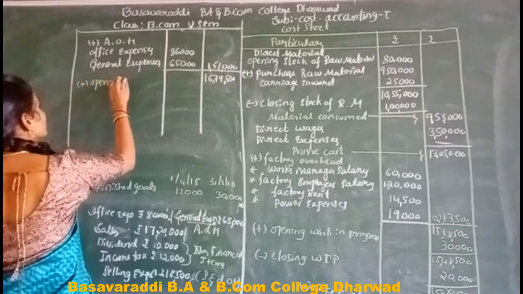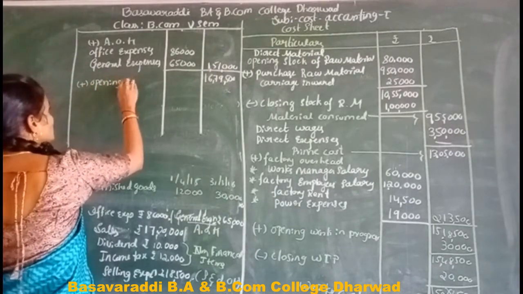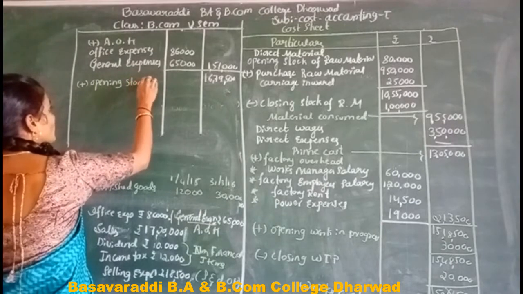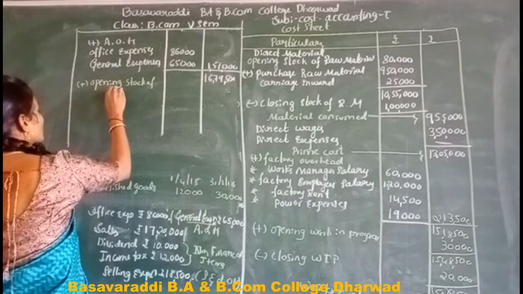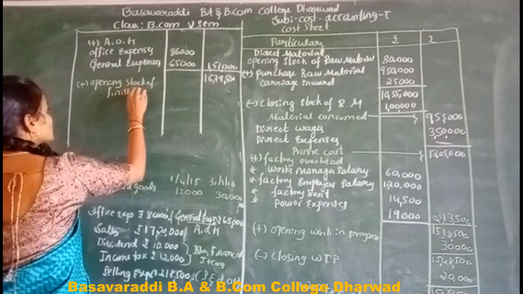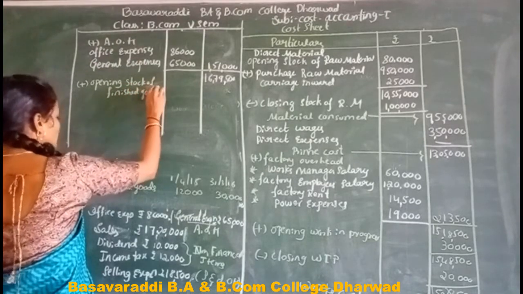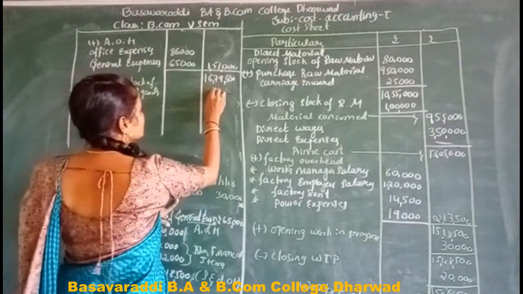So add opening stock of finished goods 12,000.